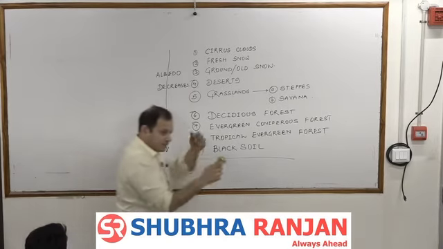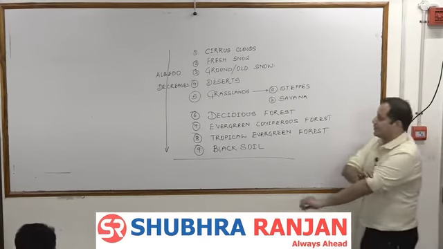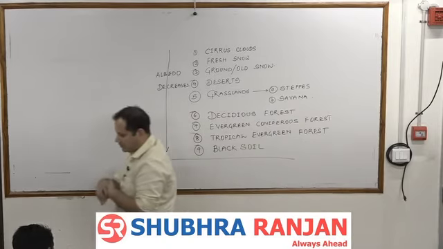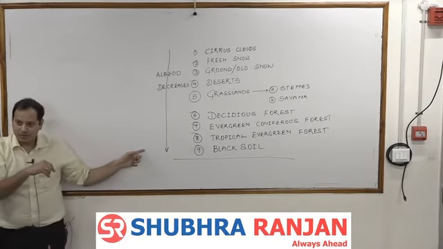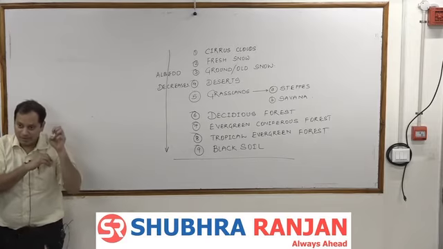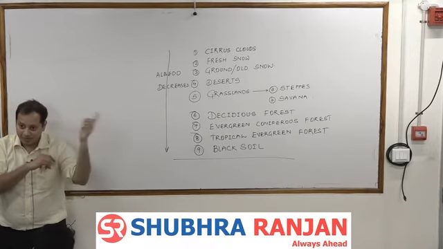No. Yes, density. It will affect albedo. ब्लैक है इसलिए पूरा absorb करेगा. Albedo is the lowest. Black will absorb everything, white will reflect everything. So albedo means reflection.